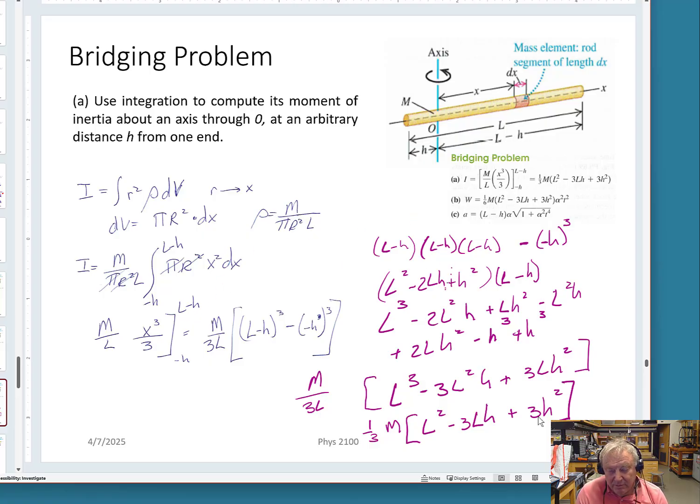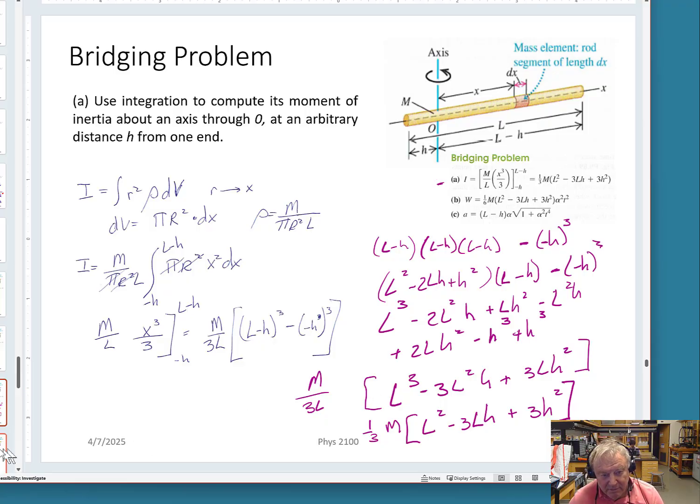So at first I did these two guys, and then I multiplied it by L minus h one more time, and then we can do this minus h cubed. So you get some cancellations. Well, one cancellation, then the L, you factor the L through, and you end up with this, which matches there. Nice.